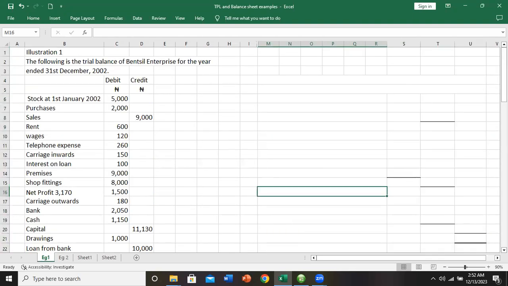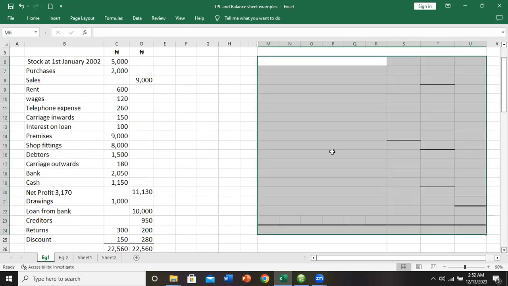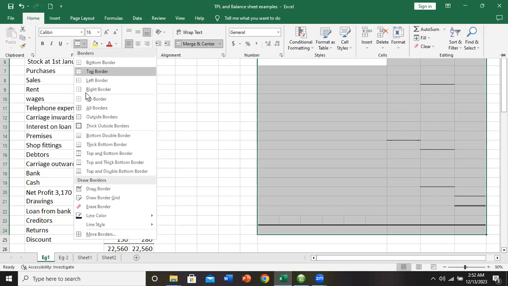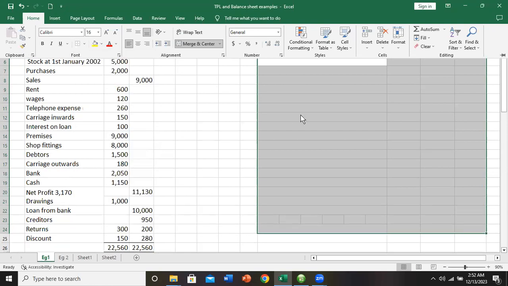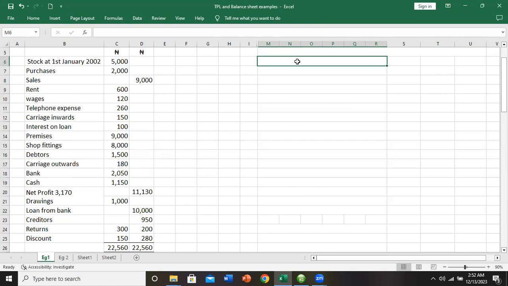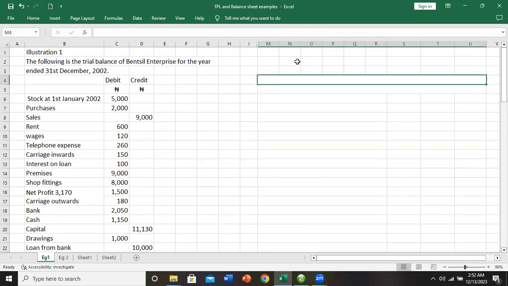Okay, so let me set up the balance sheet. Then we can make progress. Please, I encourage you to take this topic very seriously. Do more of solving questions and practicing it, and you will thank me later.